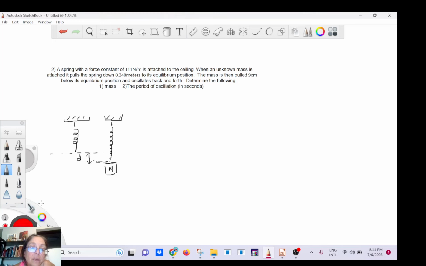So it's in equilibrium between the weight here, which is mg, and the restoring force here, which is k times the displacement. That's just Hooke's law, right? So you can say that k times the small displacement equals the weight.